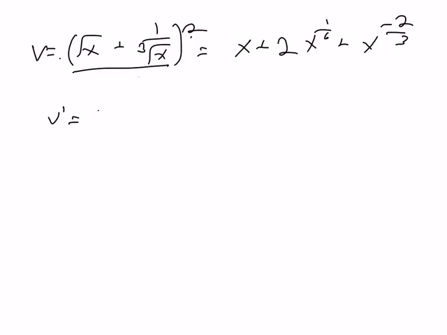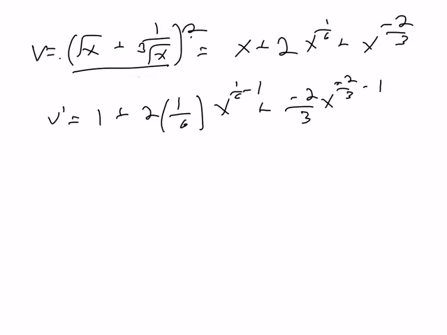This is going to give us 1 plus 2 times 1 over 6 x to the 1 over 6 minus 1, plus negative 2 over 3 x to the negative 2 over 3 minus 1, and all this becomes 1 plus 1 over 3, and this is a sixth minus 6 over 6, which is negative 5 over 6.